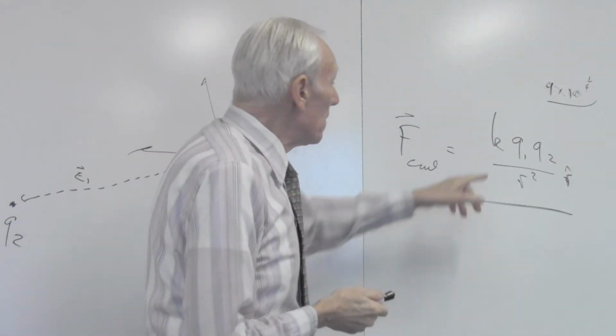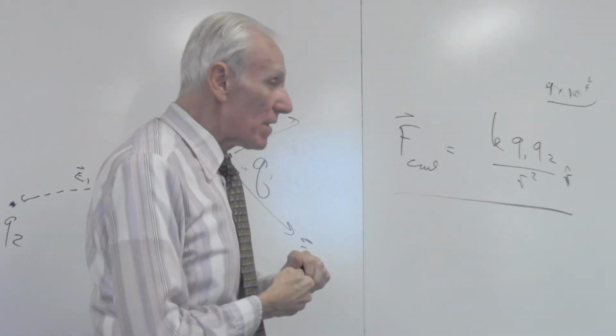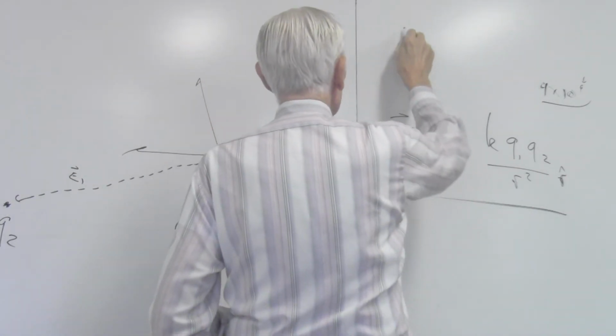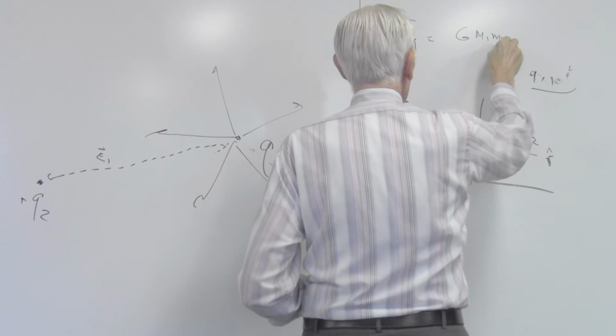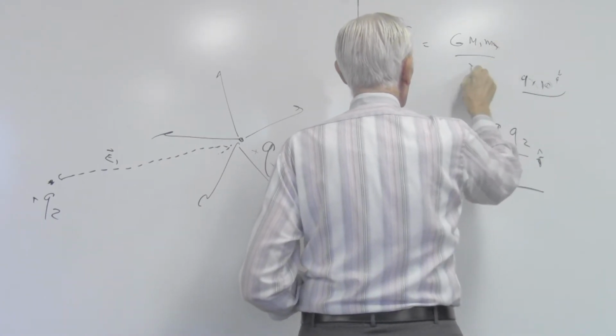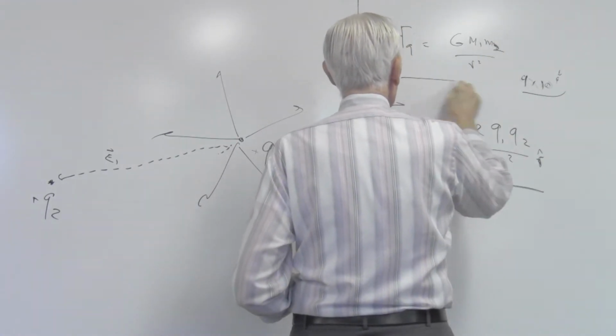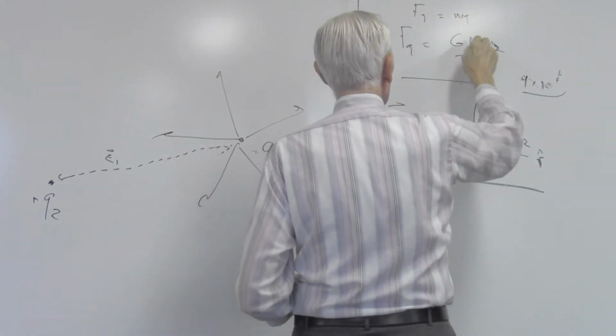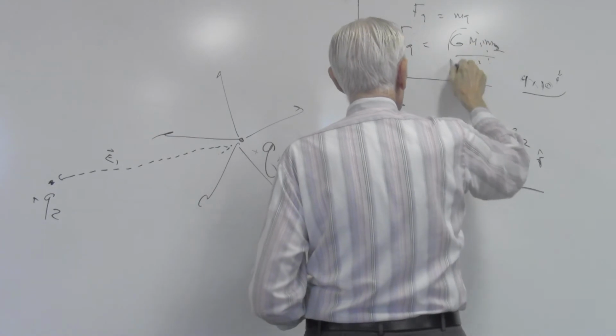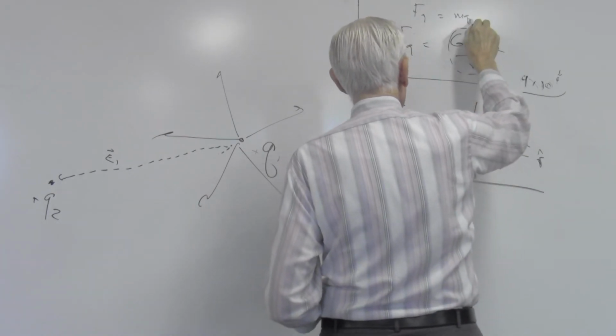That other force constant for gravity, by the way, you may remember last semester, this was the force of gravity. Of course, it's F equals mg, but this actually is g.